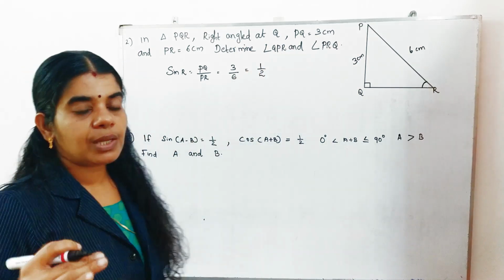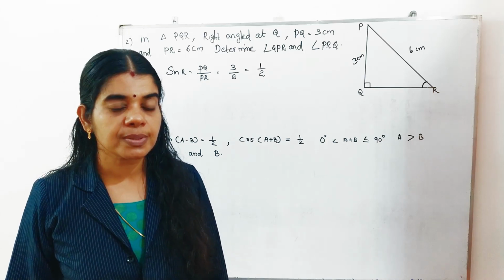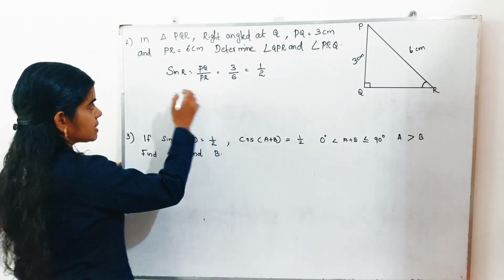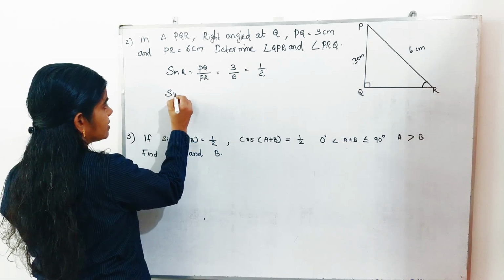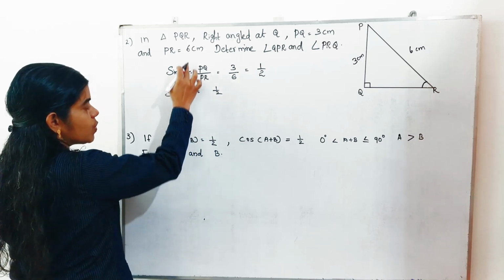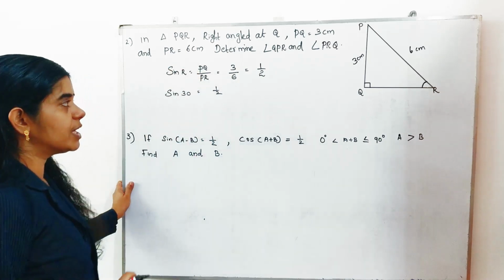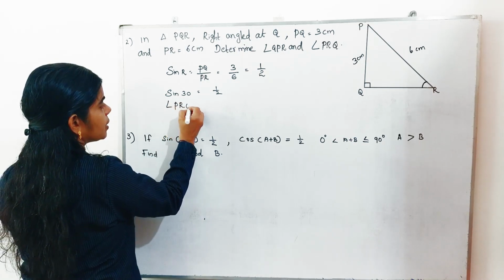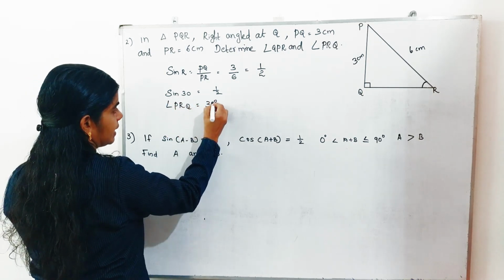For which sine value are you getting 1 by 2? Sin 30 is equal to 1 by 2. You got it. So, what will be R value? That is, angle PRQ is equal to 30 degree.